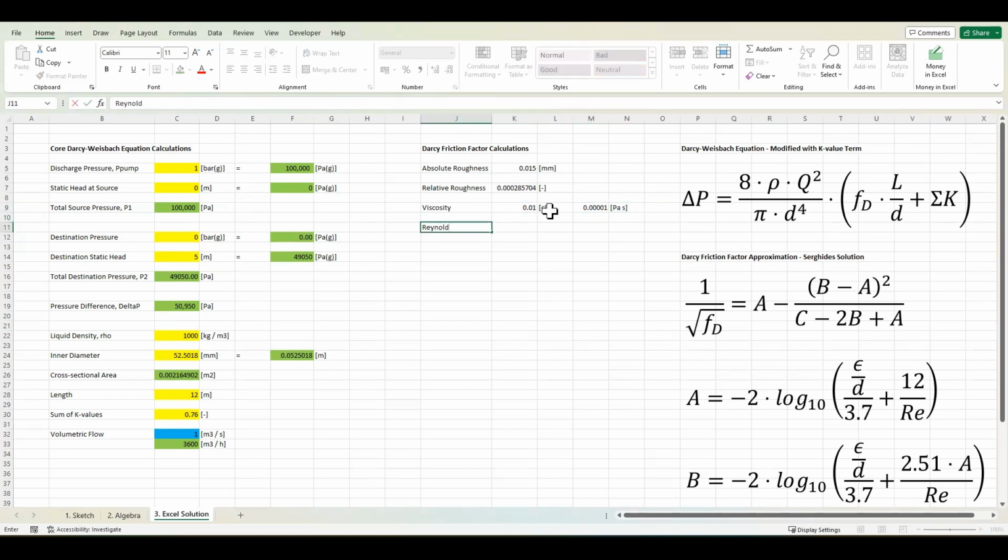And then we can calculate Reynolds number. We do that by doing the density multiplied by the velocity, which I've just realized I haven't done yet. So I'm just going to go here and go velocity, which is going to be the volumetric flow rate divided by the cross-sectional area. That's meters per second.